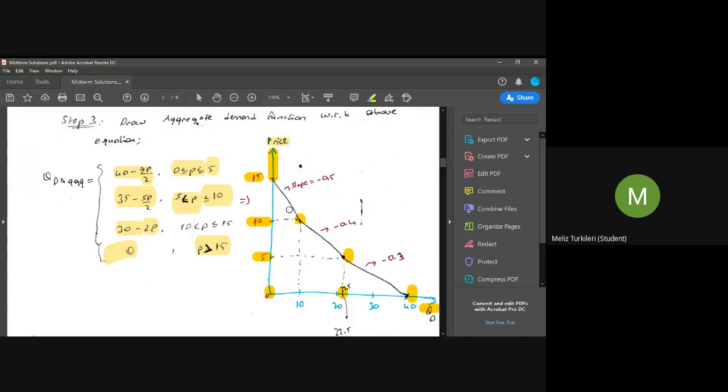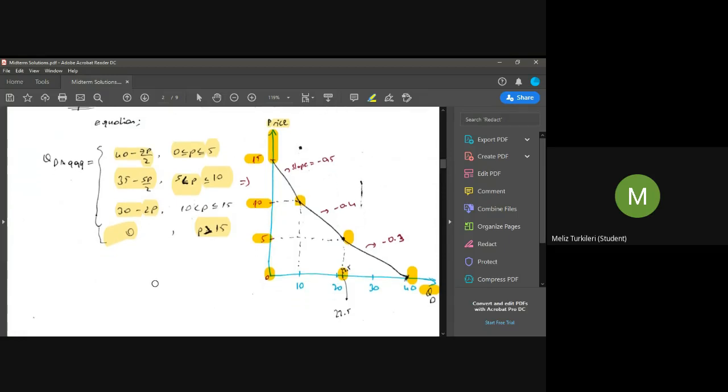To do this, you have to equalize the supply function with each of these lines and check, for that price level, which intersection is proper. You have to calculate the equilibrium point for all three lines, and you have to check if the price level is okay for that line's area. How to do this?